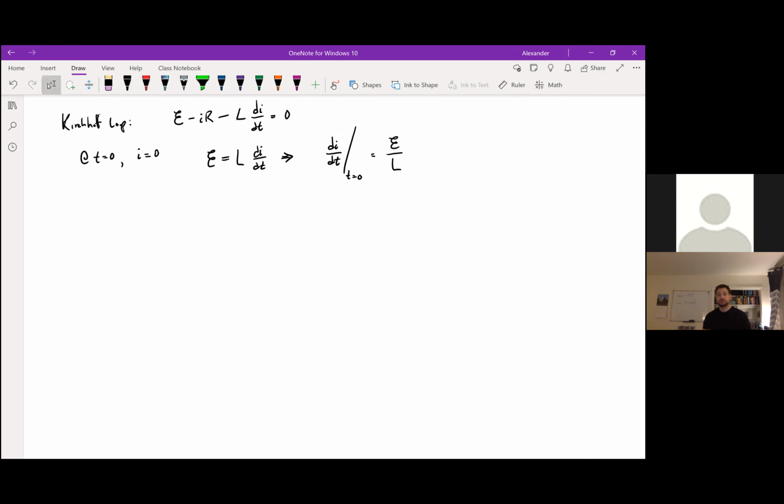Later, much later, once we have reached a steady current, the rate of change of the current goes to 0. And our Kirchhoff equation becomes the traditional Ohm's law statement.